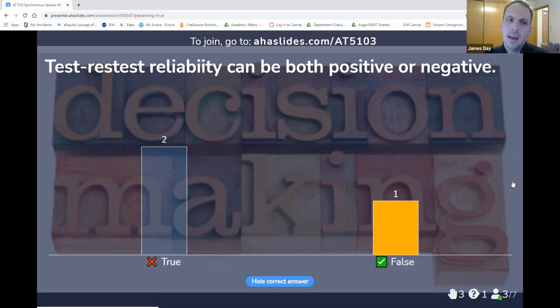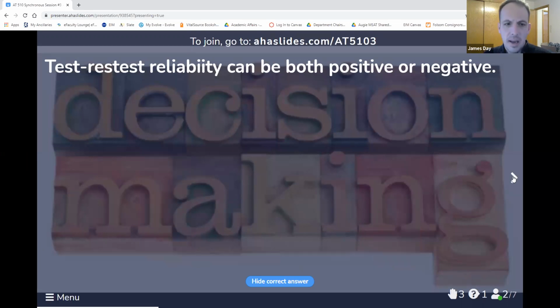But if you're assessing something like a depression score, that would have wide fluctuations day to day with the individuals, regardless of the stability of the measure. So you have to consider what's being measured as well and compare that to other tests.